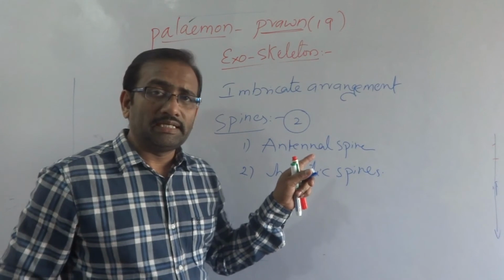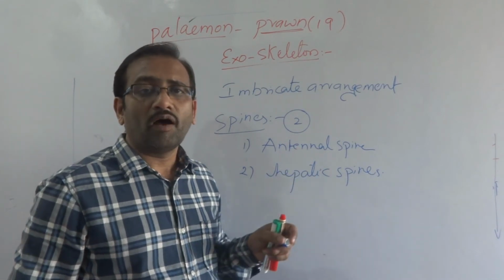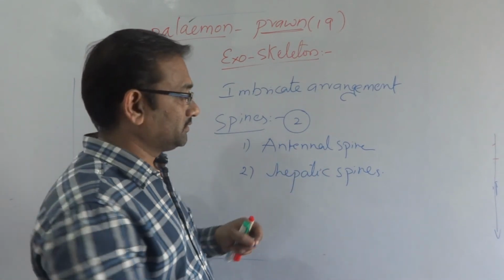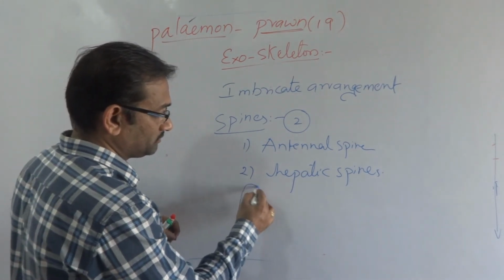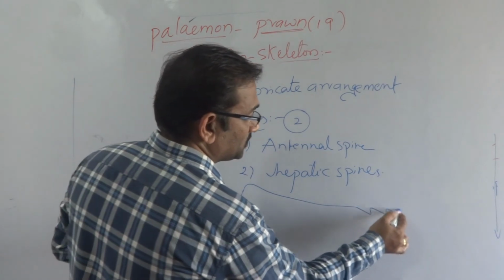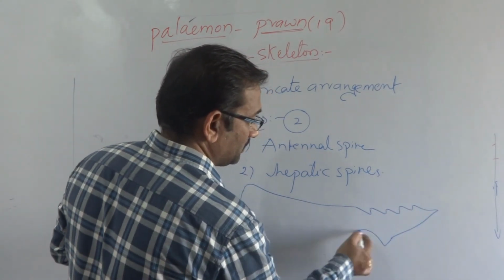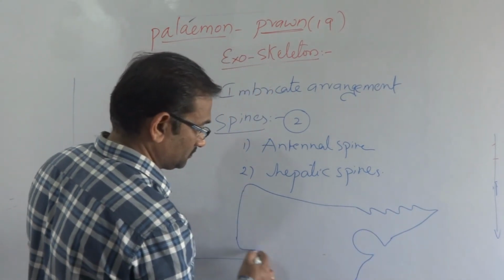These two spines are located on the cephalothorax. Here the anterior-most part is serrated, with the orbital notch.